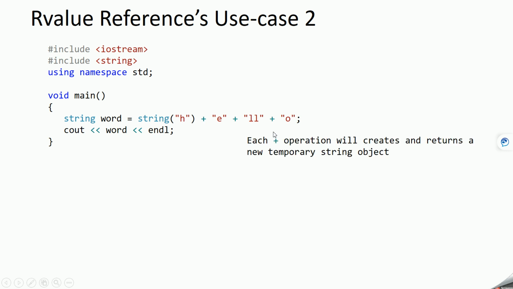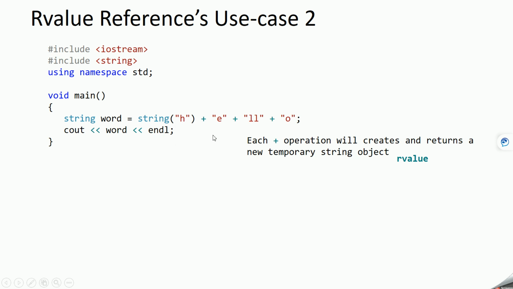So for each operation an extra temporary object is created and returned, and that is called an R value. Instead of creating temporary storage and returning it, we can make this plus operation accept the parameter as an R value. That is, with the help of R value reference, you can modify this plus operation to take R value reference and avoid the extra memory creation.